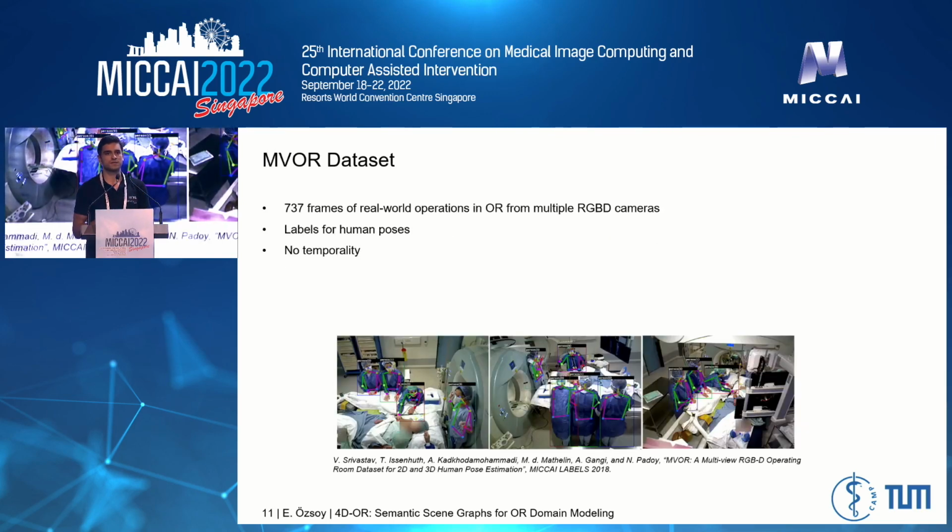When we started this work, there were a couple of datasets available. One of them was MVOR, which has around 700 frames from real operating rooms, and it also has labels for human poses. But it was never created to capture the complex interactions that happen in an operating room, so it doesn't have the interesting semantic interaction labels that we want. The public version of this dataset is also not a temporal dataset.